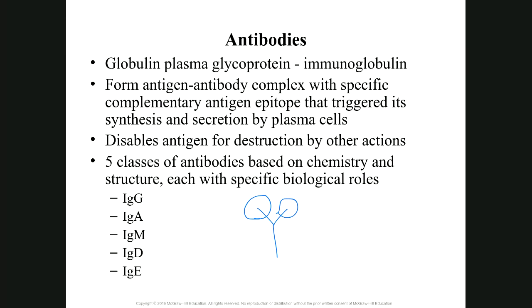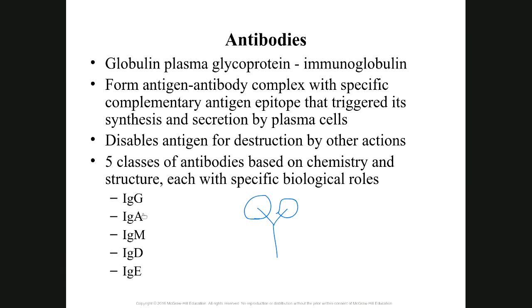We have different classes of antibodies. One of them is called IgG, and IgG is the predominant antibody in the lymph, in the cerebrospinal fluid, in the serous fluid and peritoneal fluid, and it's about 75 to 85% of the antibodies in our body. The other antibody is called IgA.